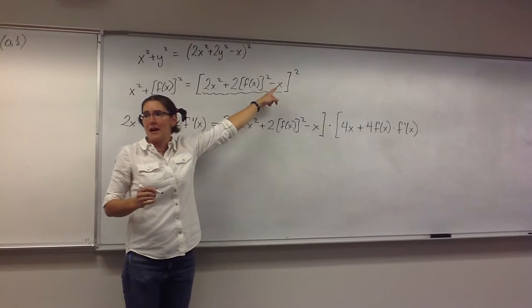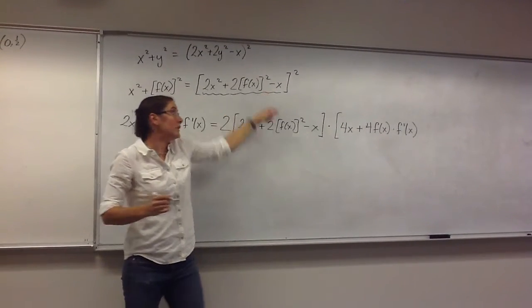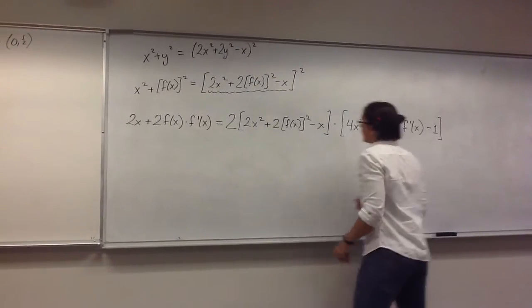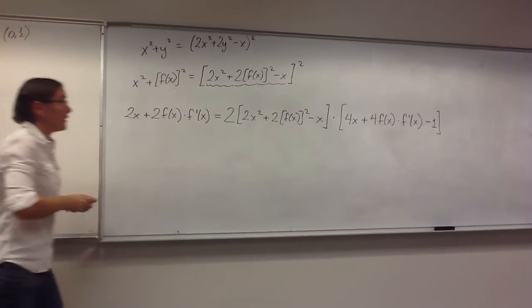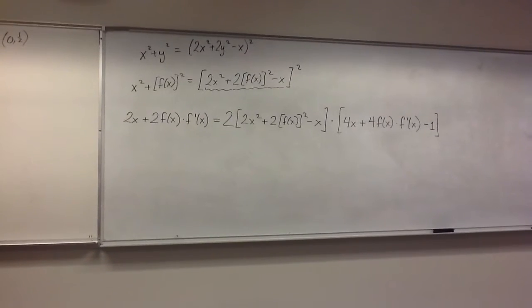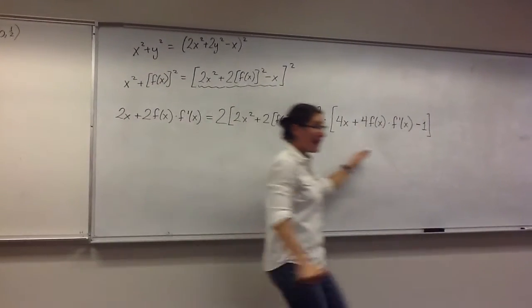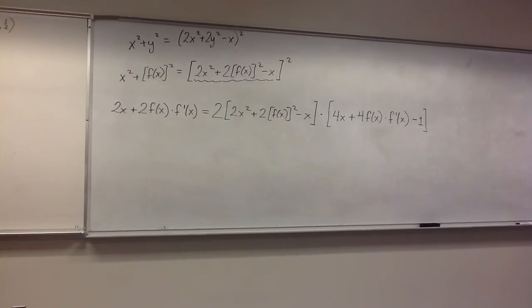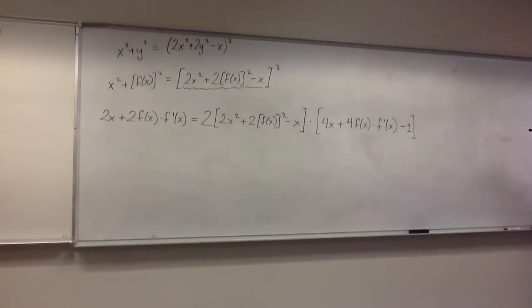And now I can move on to my last term. Derivative of x is 1, so I have minus 1. All right. We have now finished with the calculus part of taking the derivative of the entire equation. Are there any questions about writing that down?